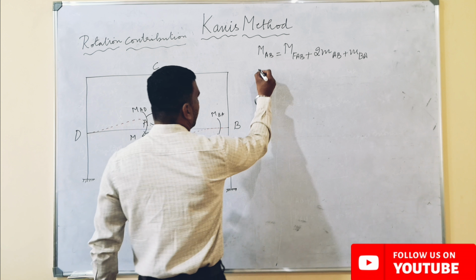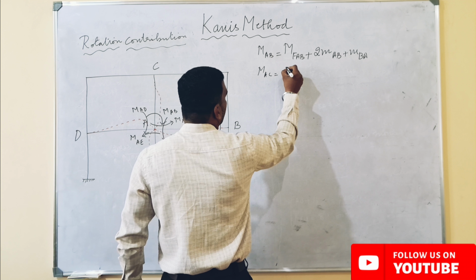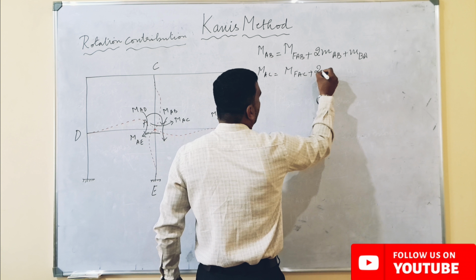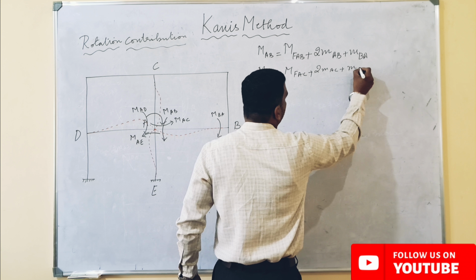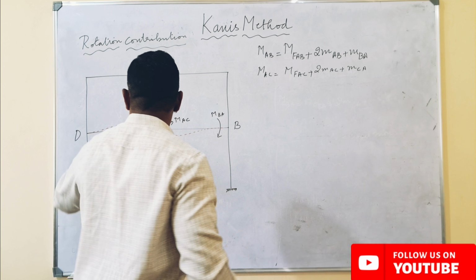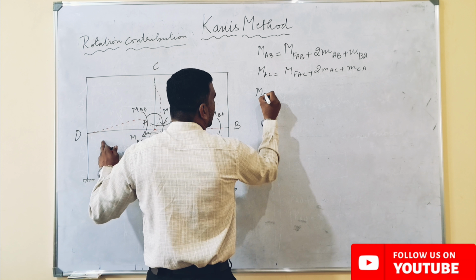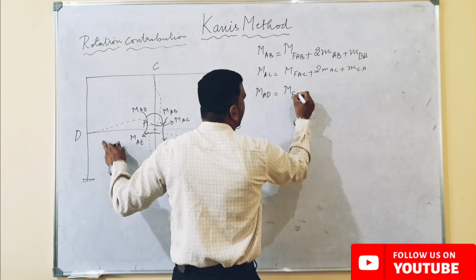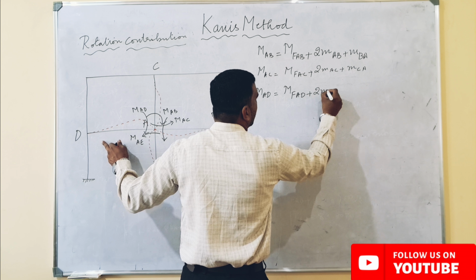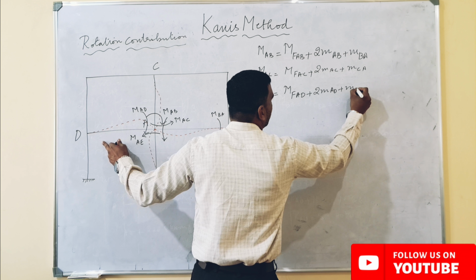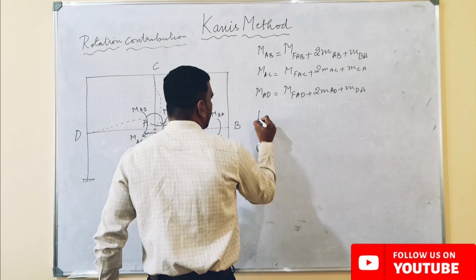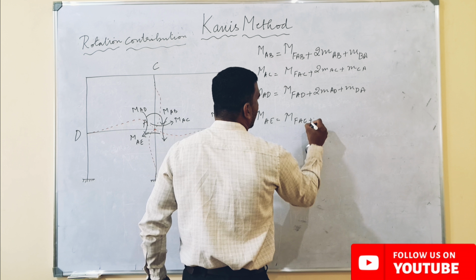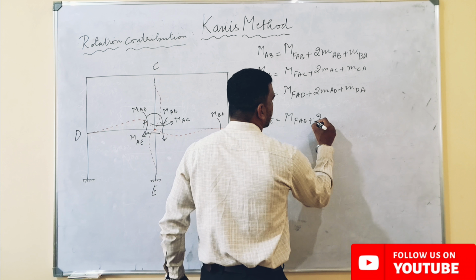Similarly, for span AC, moment about A to C will be fixed moment about A to C plus 2MAC plus MCA. Similarly, for span AD, the end moment about A to D will be MF AD plus 2 times MAD plus MDA. Similarly, for span AE, it will be equal to fixed moment about AE plus 2 times of moment about AE plus MEA.